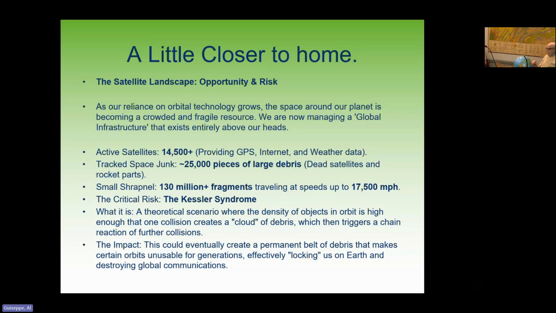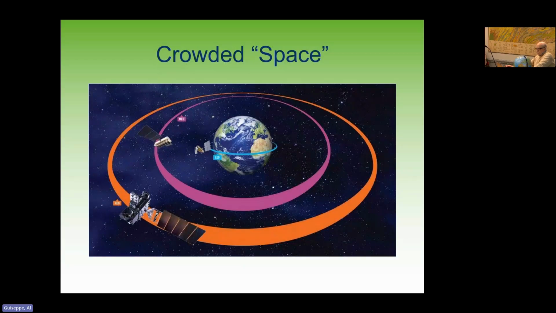And there's something called the Kessler syndrome, a theory that if they start colliding into each other, there's going to be a pinball effect, everything's breaking up, and we're going to be trapped. There can be so much debris flying around that we just can't get out. So it's a crowded space out there.